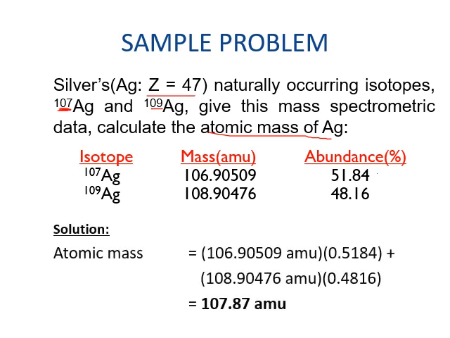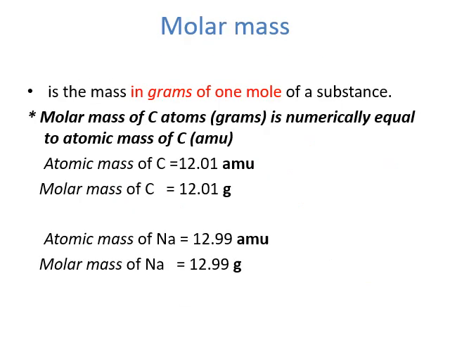So how do we calculate the atomic mass? Atomic mass is equal to the AMU times how many percent? You convert it into decimals, 0.5184, and then plus 108 times this value. It's always calculated with the percentage. You calculate these two only, this one and this one, and then you add them together and you get 107.87.